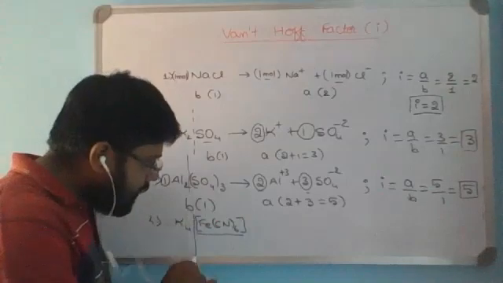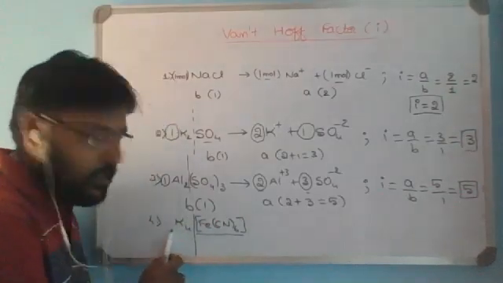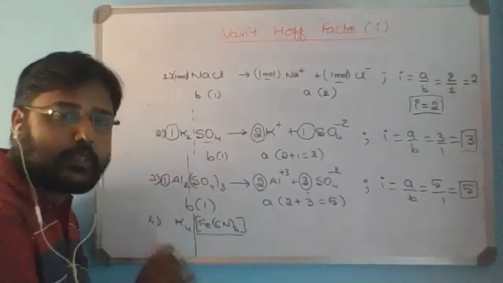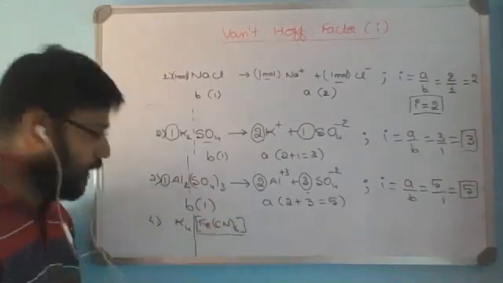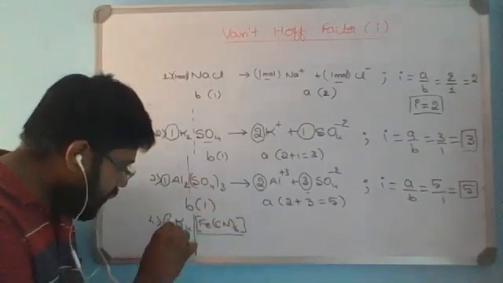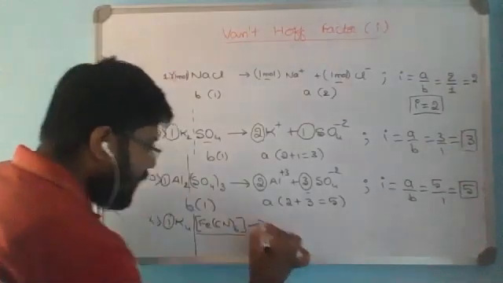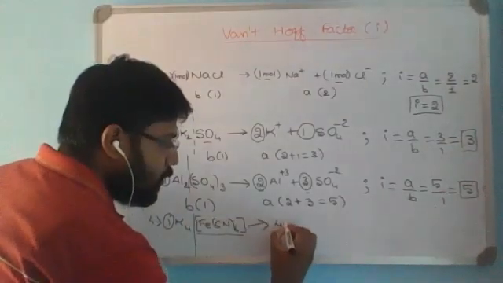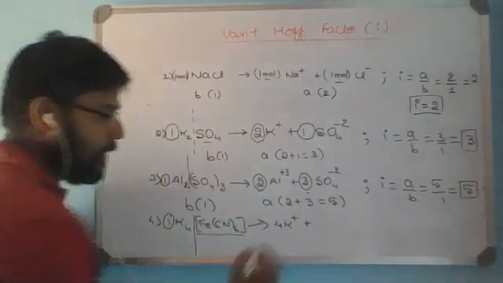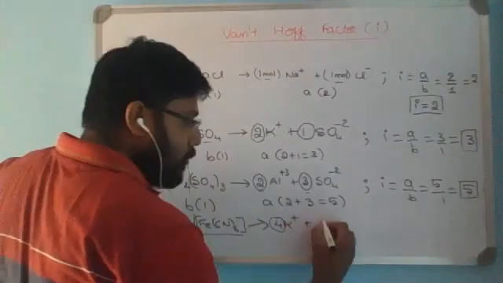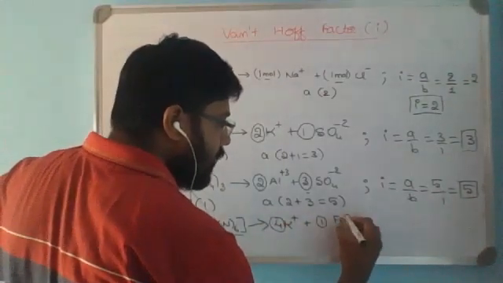So it will remain as a complex ion. The counter ion will dissociate, and the complex ion as a whole will be one component. Now I will add 1 mole of potassium hexacyanoferrate into the solution. Upon addition, 4 moles of the simple counter ion, potassium ion, are dissociated, and 1 mole of the complex ion, [Fe(CN)6].